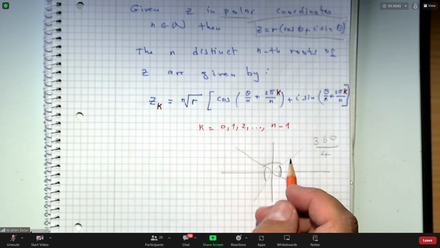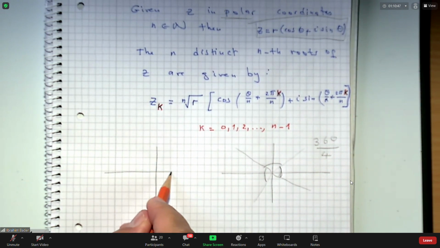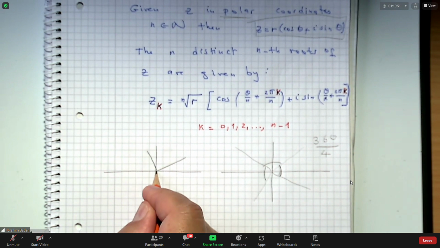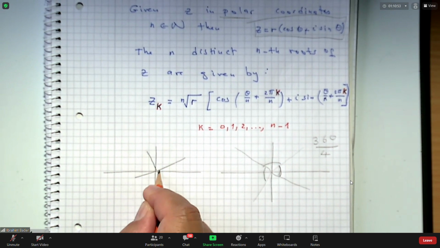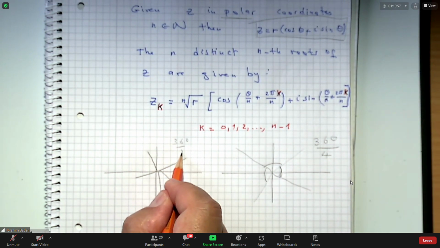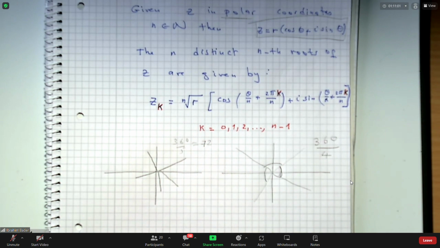That means if I have fifth roots, then I will be having one root like this, one root here, maybe one root here, one root here. And each of them will be 360 over 5, which is 72 degrees from each other. So the roots are always evenly distributed away from each other.